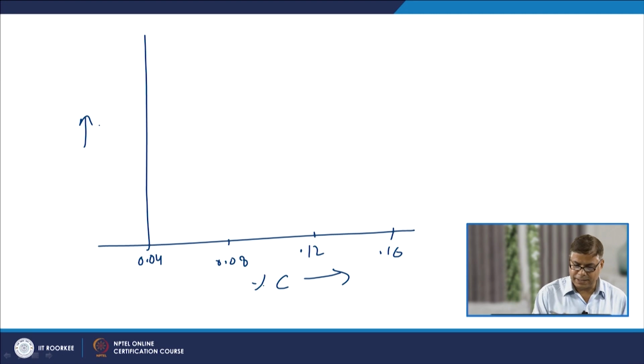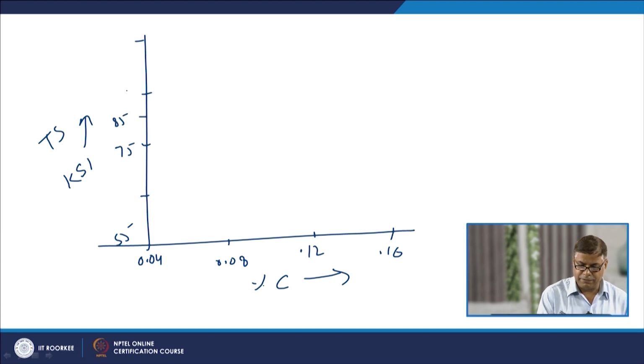On the y axis, on this side, we have the strength of the weldment increasing from say this minimum level of 55 KSI. So, the tensile strength in KSI unit, say here it is 75, somewhere here 85, then 100, then 130, say this is 65.